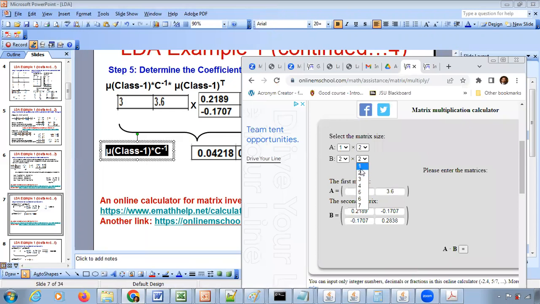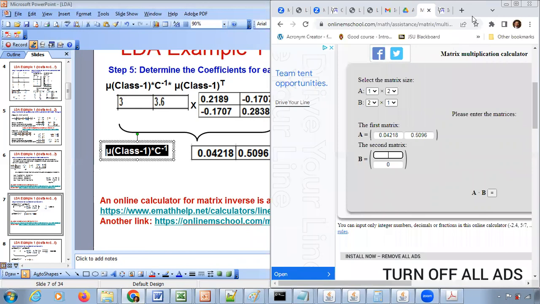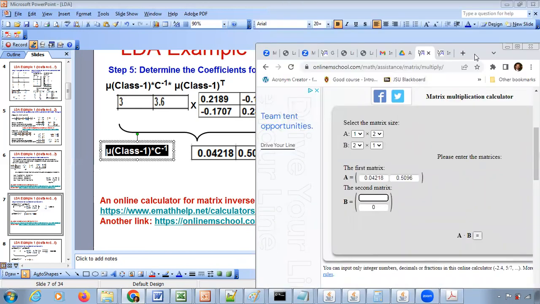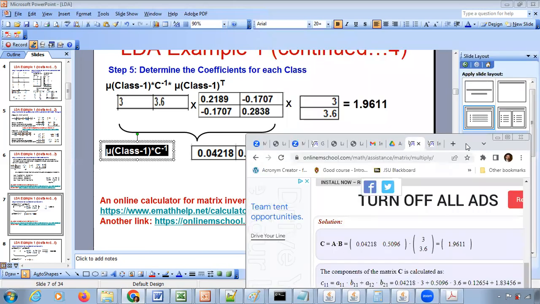So we will now enter this 0.04218 and 0.5096 for A, and then the 3 and 3.6 that we have here for the B, this other matrix. So the result is going to be a scalar because it's a 1 by 1 matrix. So that's 1.9611. And that's what I have recorded here. Okay, so we just did this for class 1.